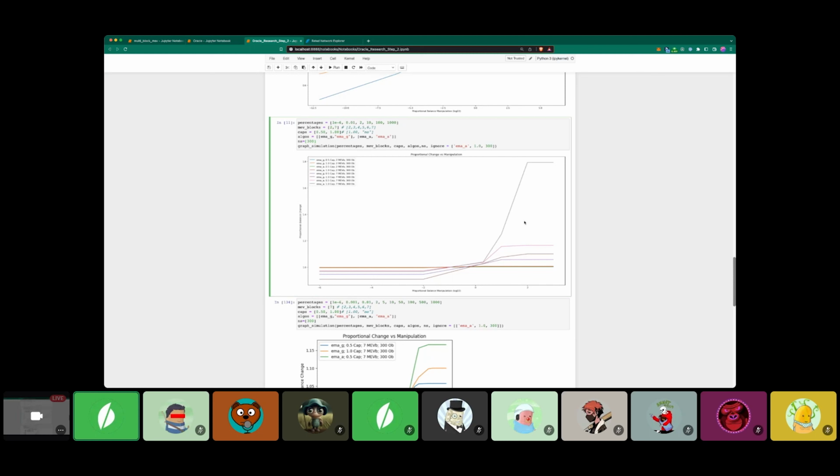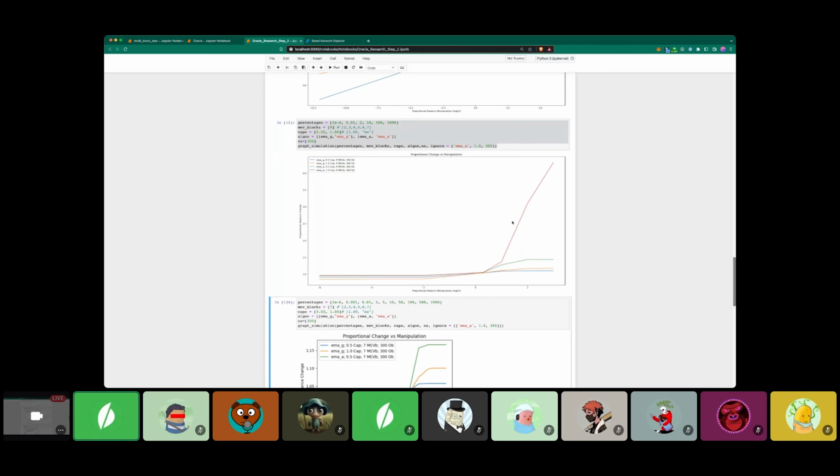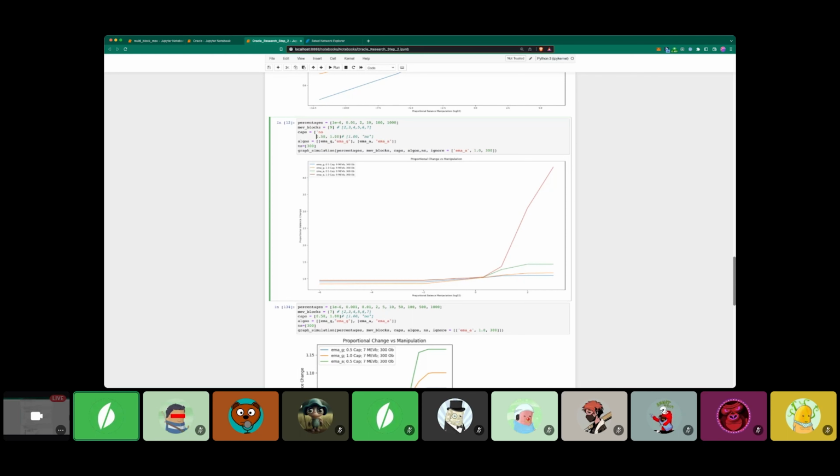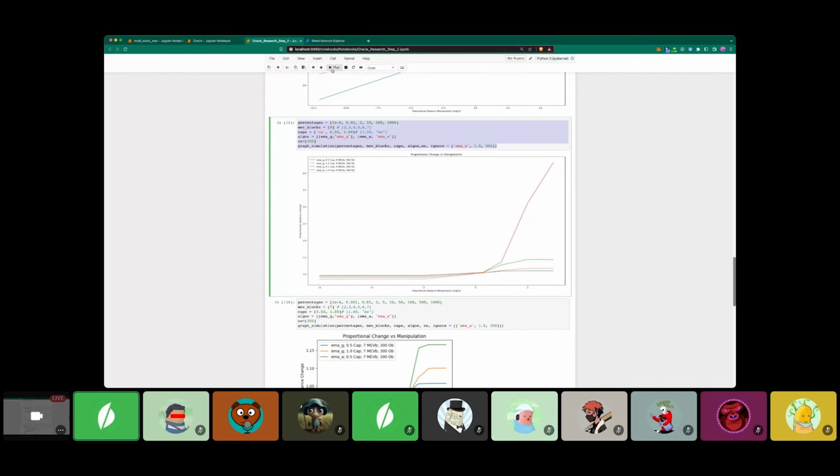Here, we can see we are now adding some sort of cap. Let's maybe just set this to 9, as that was discussed to be the highest limit. So here we can see the effect of adding some sort of cap. And to showcase the difference, we can add no cap here.